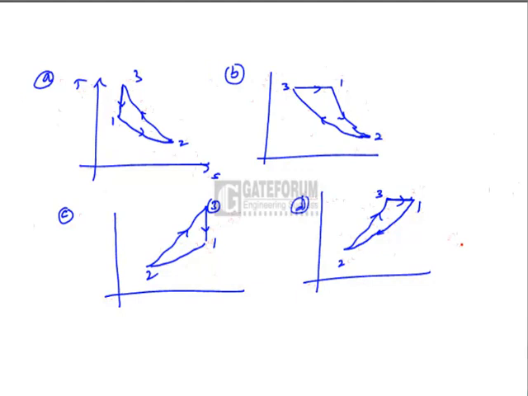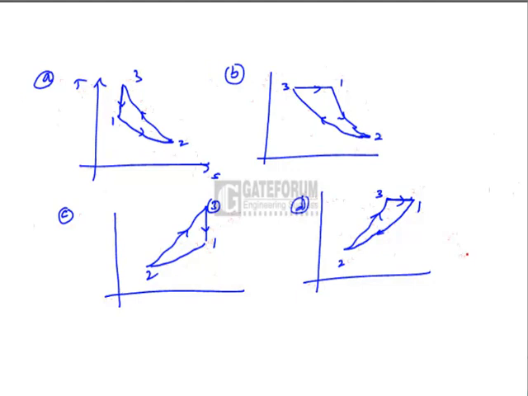1 to 2 process being a horizontal line on PV plane, it should be constant pressure. It should also be a cooling because the volume is decreasing, pressure remains constant. Isobaric cooling means decrease in volume.